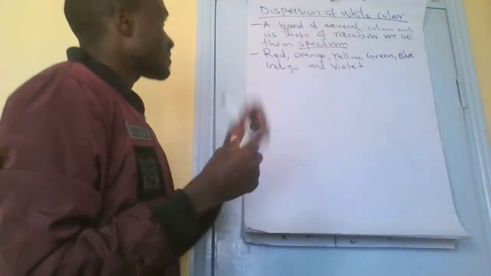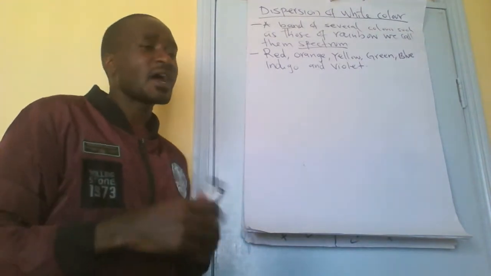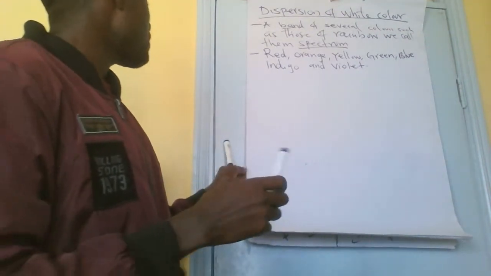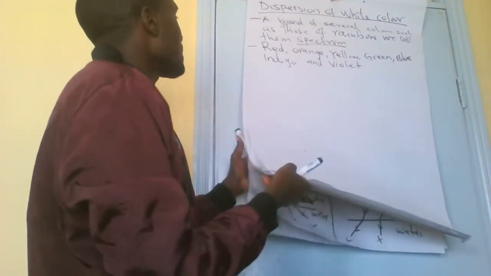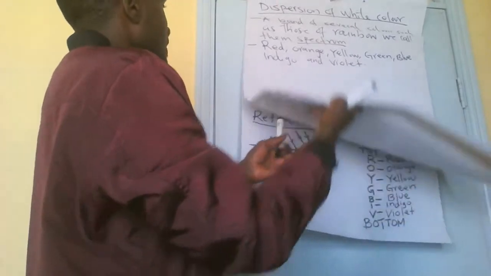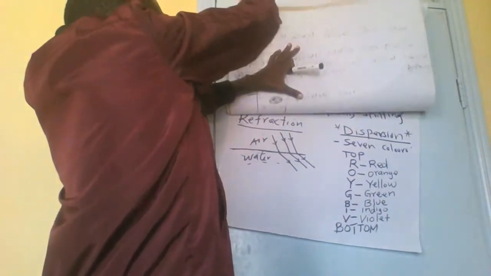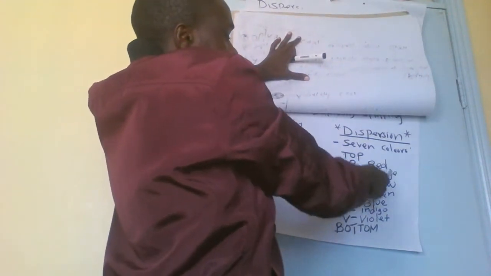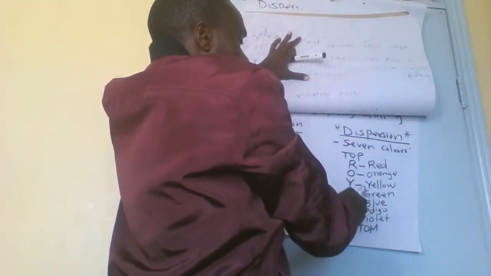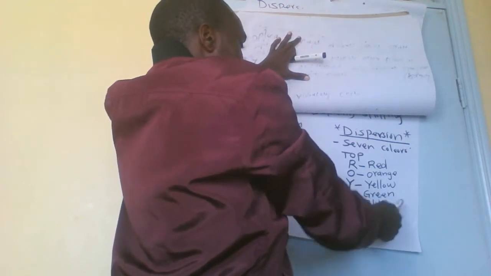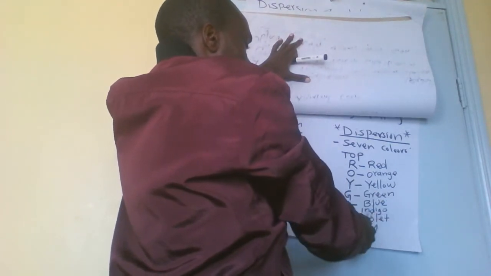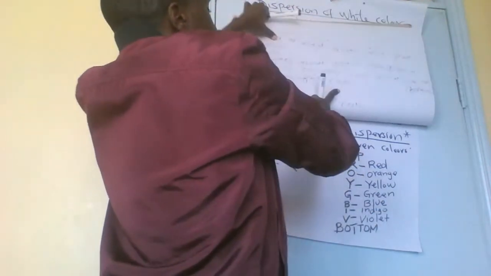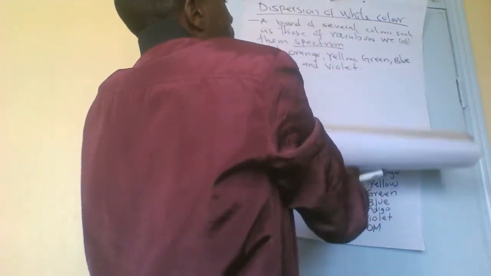Red is the color at the top, followed by orange, yellow, green, blue, indigo, and violet, the color at the bottom.